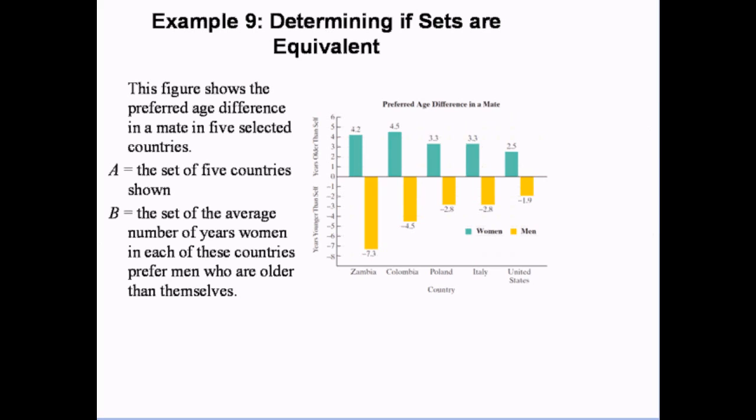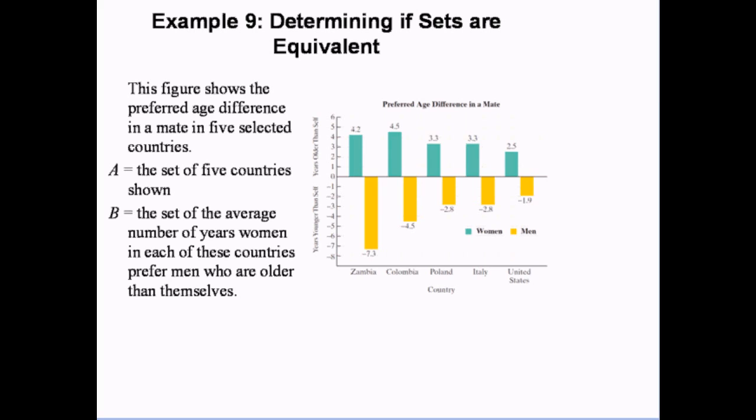And that's going to come in handy here, where they did a study of the preferred age difference in a mate in 5 different countries. And those countries are Zambia, Colombia, Poland, Italy, and the United States.